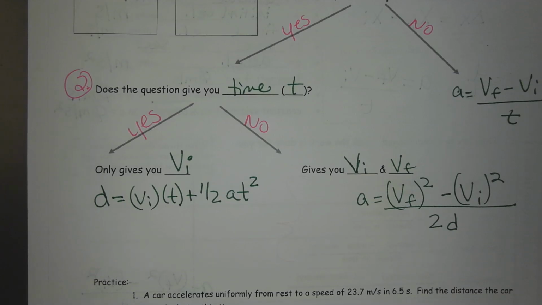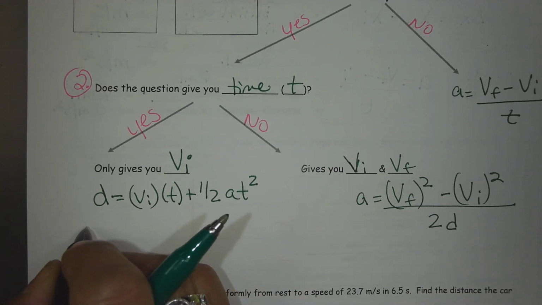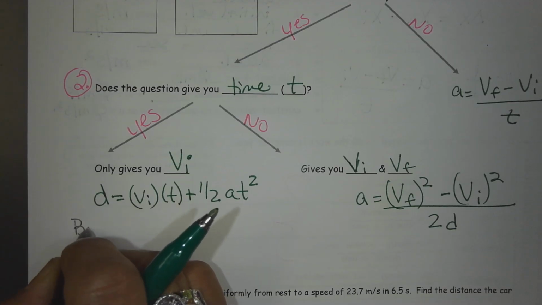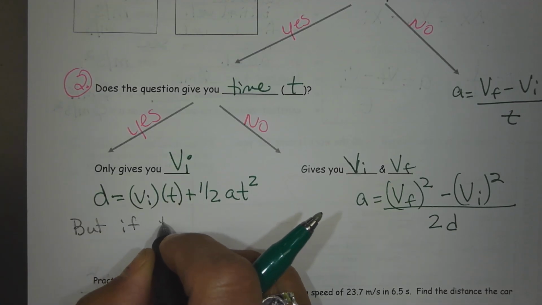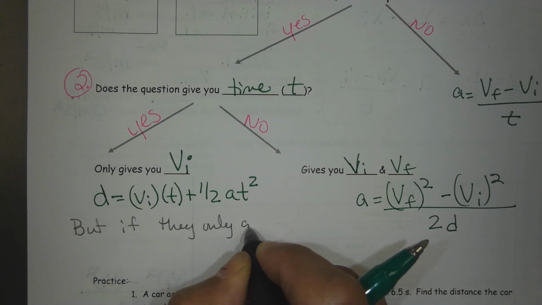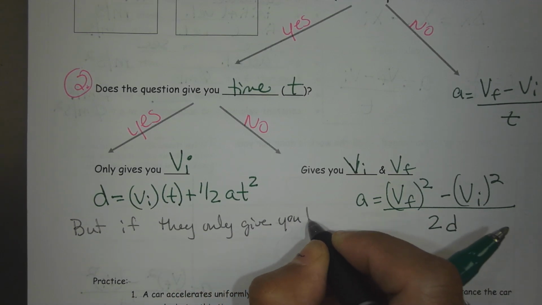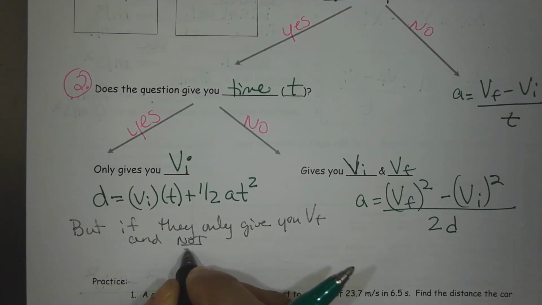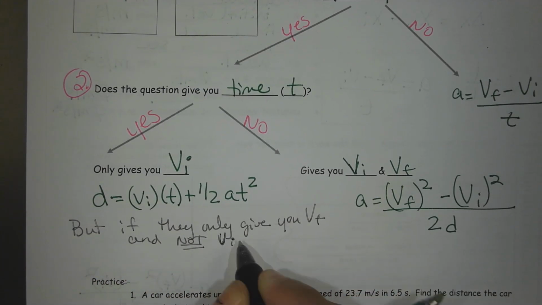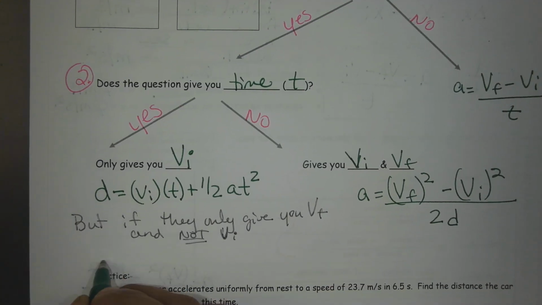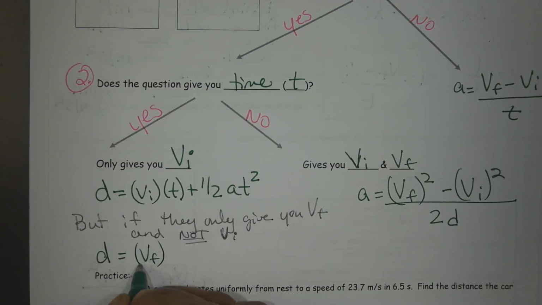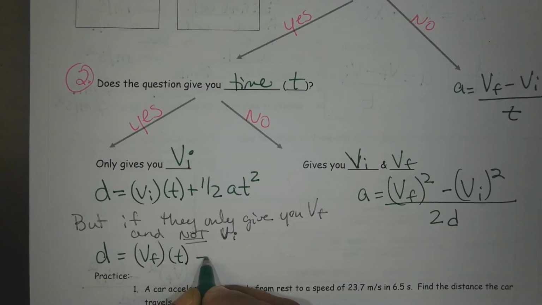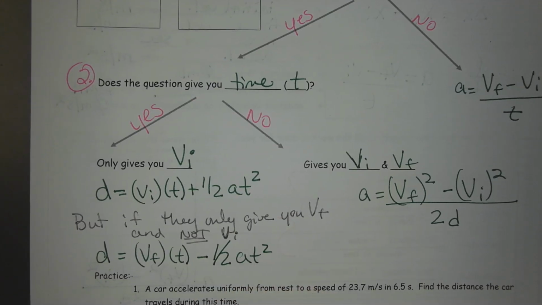But wait a minute, here is where, remember that one that I told you have to memorize? It's not used very often, but if they only give you the VF and not the VI, then in that situation, D equals VF times T minus 1/2 AT squared.